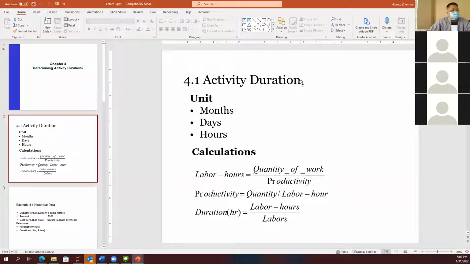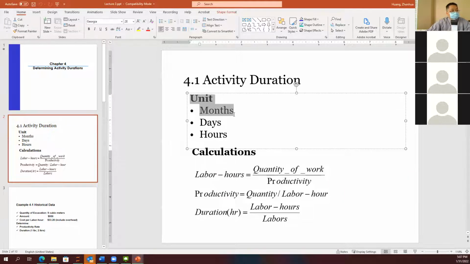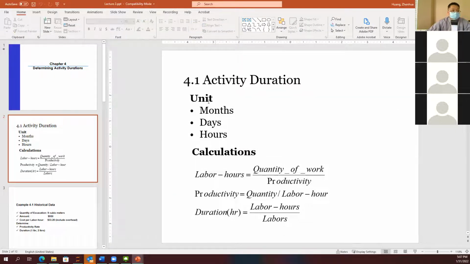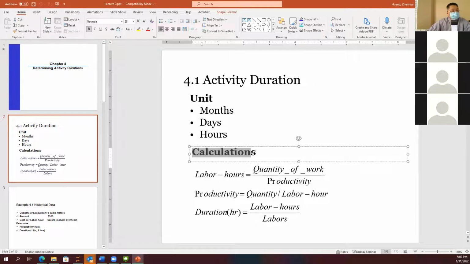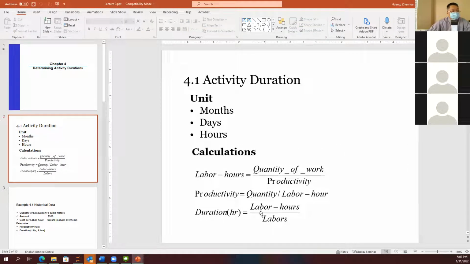The unit of a single activity's duration could be months, days, or hours. It depends on the size of the project. All of those units are very popularly used. So how do we get our company's productivity?